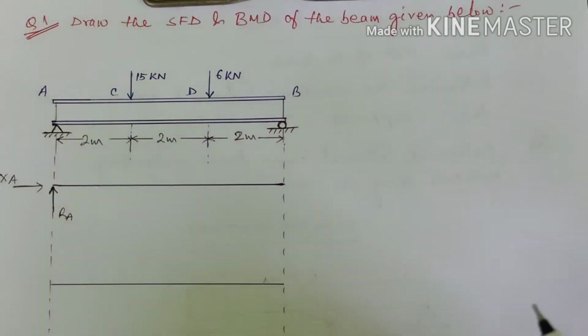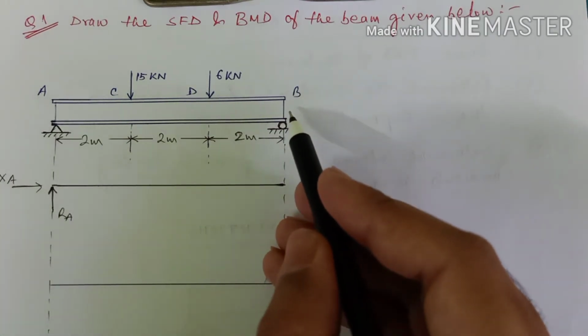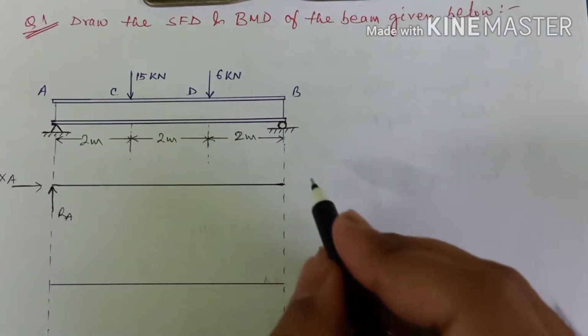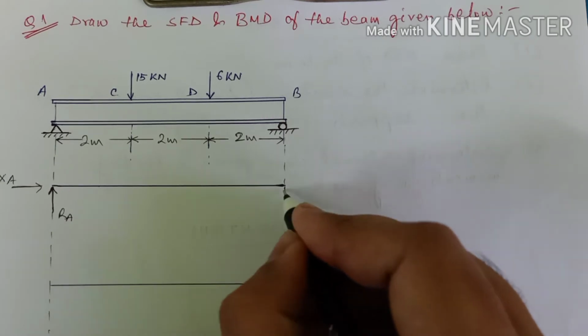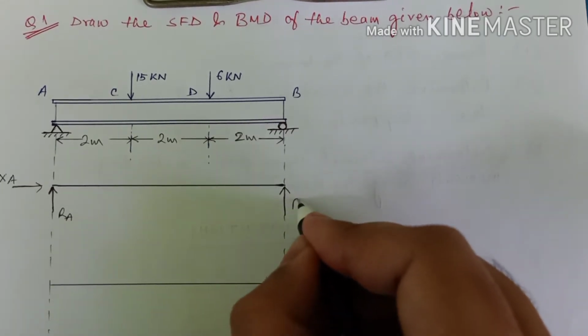On the rightmost we have a roller support, and on a roller support we'll have only one reaction, let it be RB.